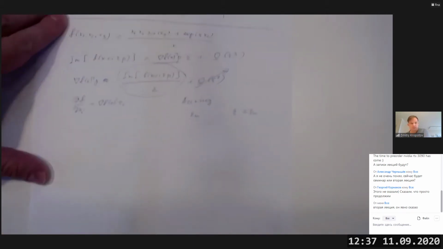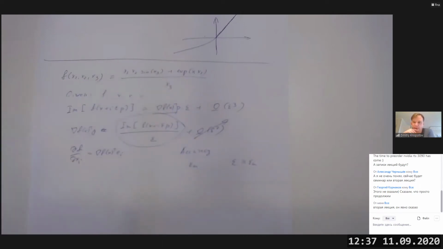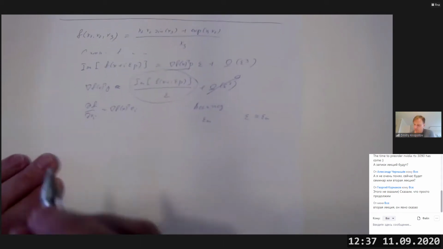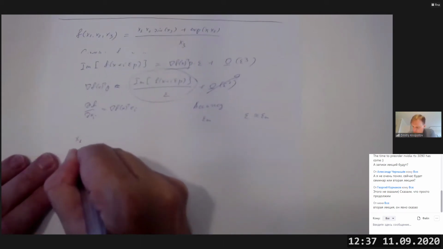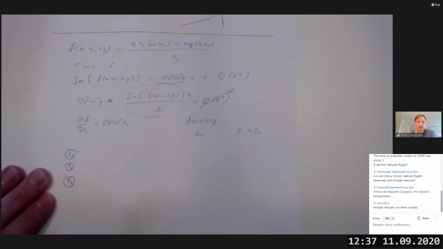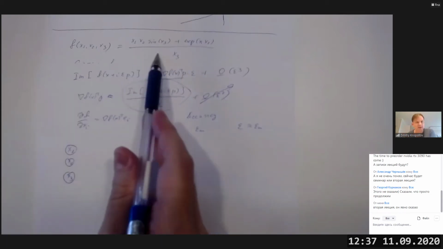Again, here is our simple function depending on 3 variables. The first thing we do is transform this function into a computational graph. In the computational graph, we have our 3 variables as input, and then we just say what should be done in our code in order to implement this function.